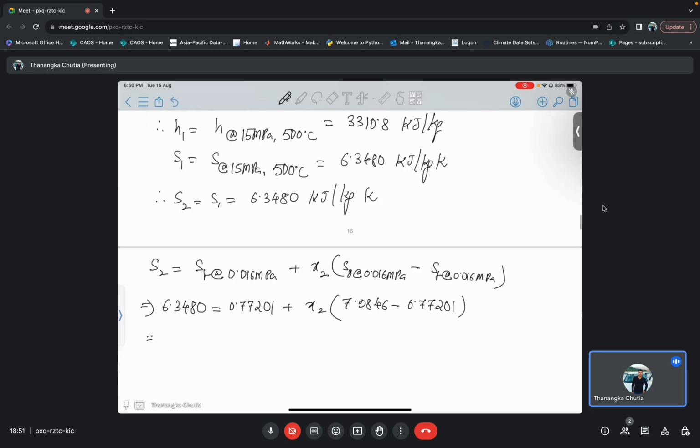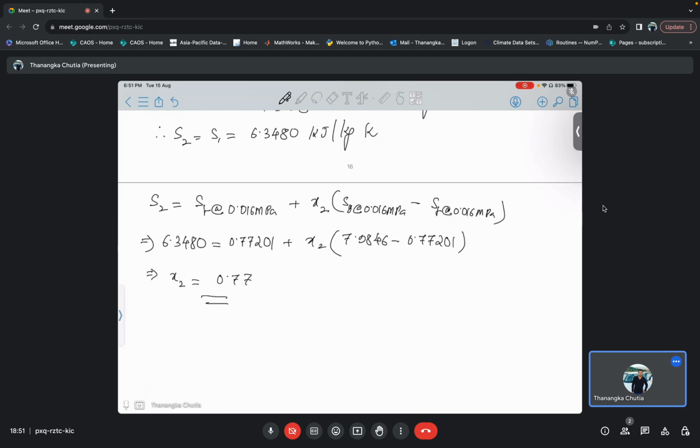So from here your X2 is equal to 6.3480 minus 0.77201 divided by 7.9846 minus 0.77201. Okay, so this is your 0.77. So this is the quality of the steam at the exit of the turbine. Remember, in question number 1 the quality of the steam was 0.82 and now it is reduced to 0.77. So when you increase the boiler pressure, the quality of the steam gets degraded.